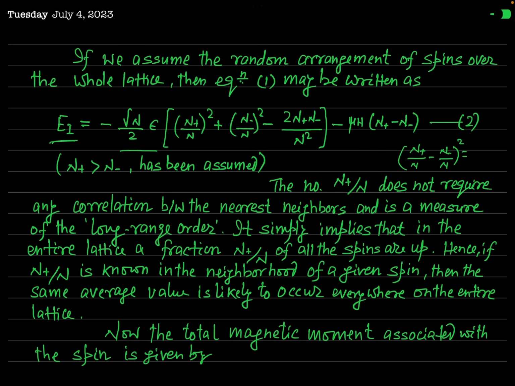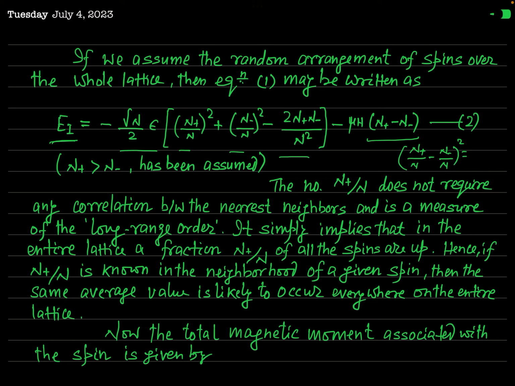You can simplify it by the formula of a minus b whole square. So this will be equal to n plus by n square plus n minus by n square minus 2 n plus times n minus divided by n square, and minus mu h times the summation over Si, but in place of the summation over Si we will write n plus minus n minus.